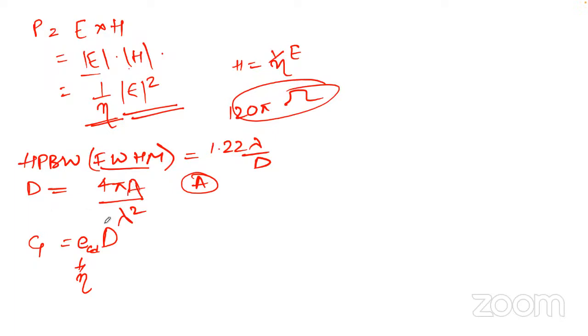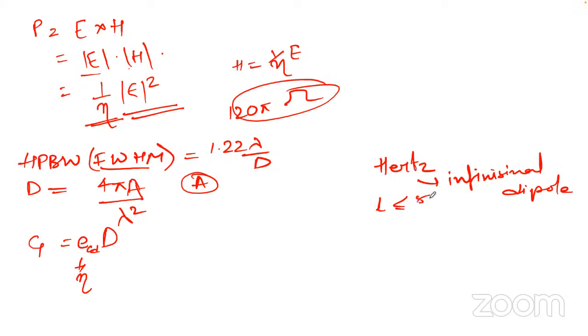Now, to see how that is possible, if you clearly remember something called the Hertz dipole. Hertz dipole means infinitesimal dipole. That means your dipole length L is less than or equal to lambda by 50.